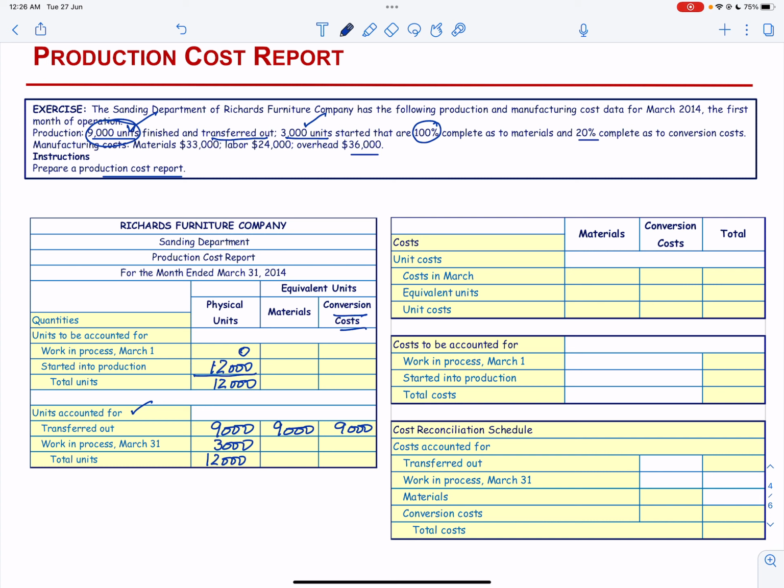Then for the remaining 3,000 units, 100% complete as to material and 20% complete as to the conversion cost. So 20% of 3,000 is 600, and now the total here is 12,000, and this will be now 9,600.